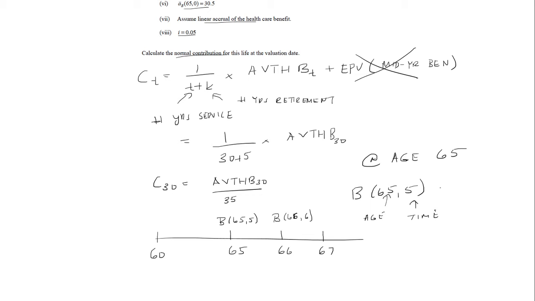So next year it's 66, 6, and then we're going to discount it back to age 65. And then the next year it's going to be 67 for the age and time 7, discounting it back 2 years. When we're discounting it, we also need to include the probability of survival. So here we need to have p65, and this will be 2p65, and so on.